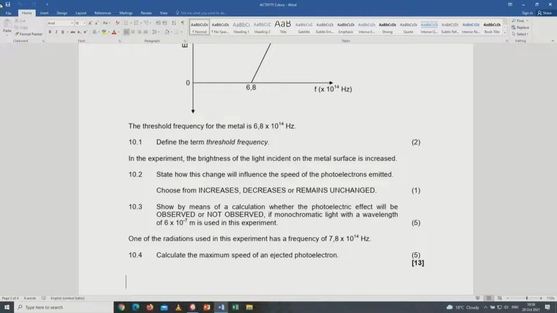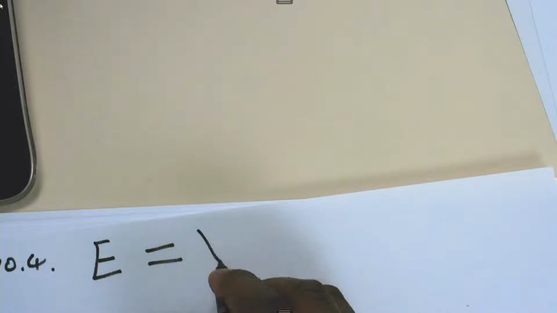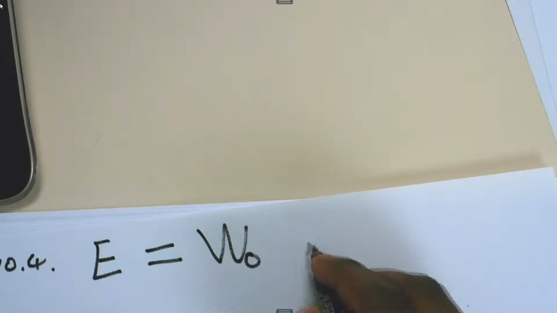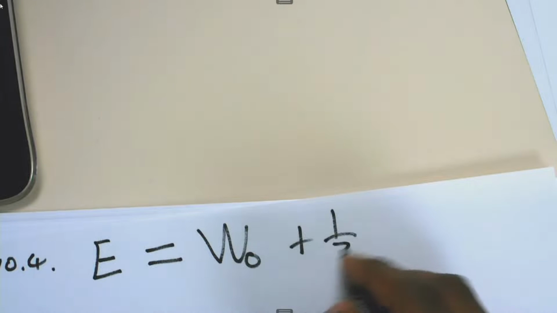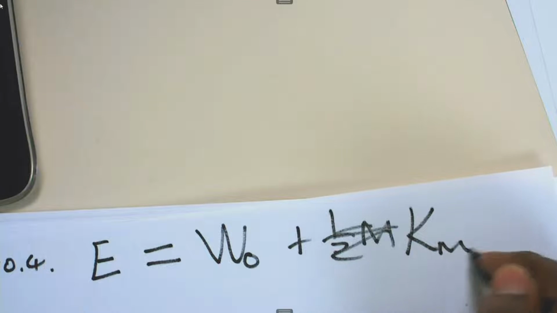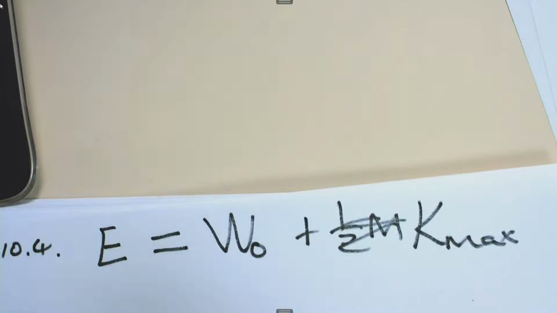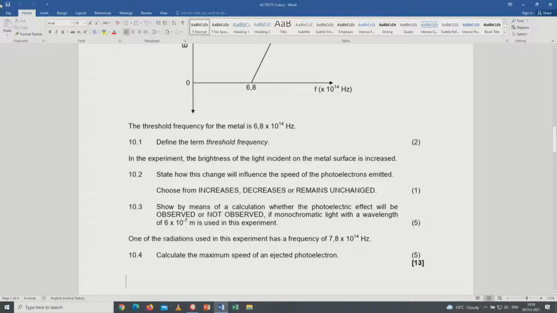Okay, then we start by writing the photoelectric effect formula, which is E equals work function plus half mass times v max squared, the maximum kinetic energy. And then we look at the information and the unknown that we are supposed to calculate.